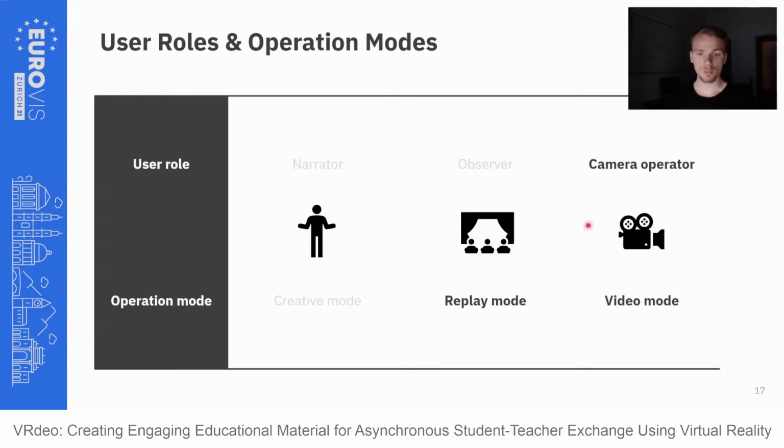The camera operator and the narrator can be the same person in real life, but we distinguish those two user roles because it's a different view from the user's perspective.